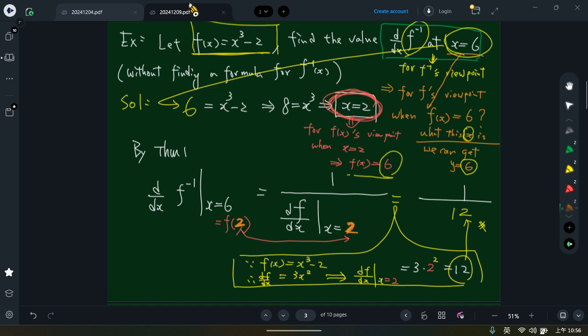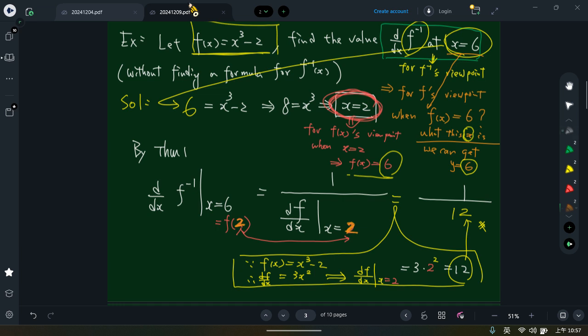We already have the original function f, so when we differentiate it, it will be 3x squared. Putting 2 in as the input, we get 12. So finally, the result will be 1 over 12.